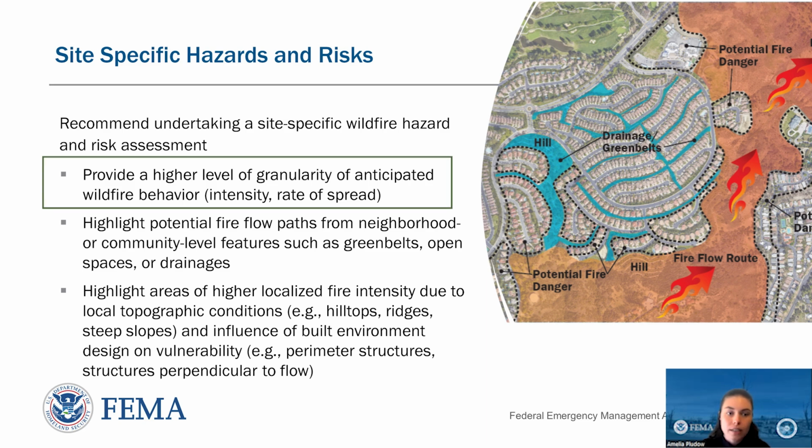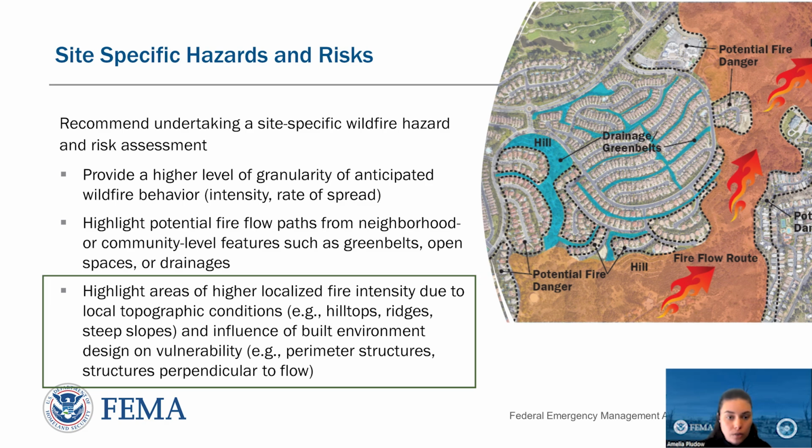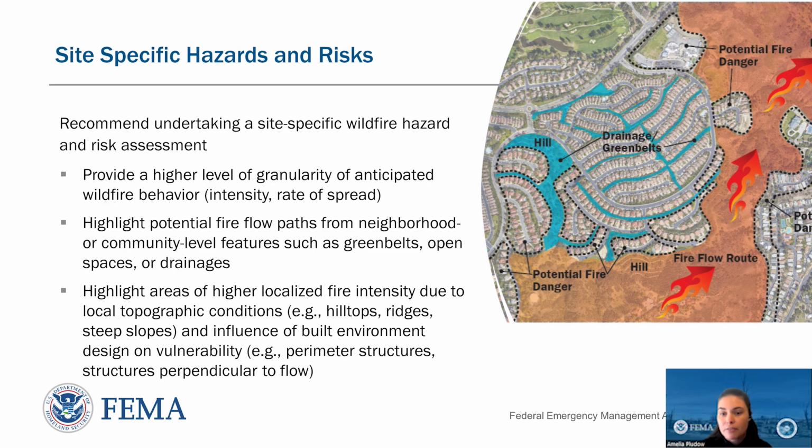This is important to provide a higher level of granularity, highlight potential flow paths to and through the neighborhood, and then highlight areas of localized fire intensity due to the topography and built environment. The importance of this type of analysis was really highlighted in the Marshall Fire.